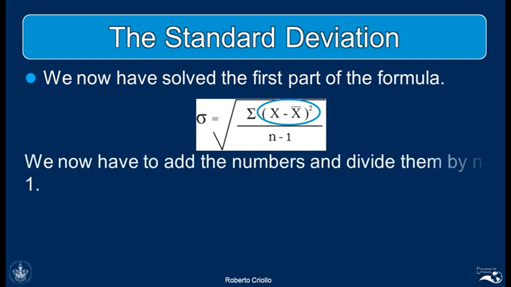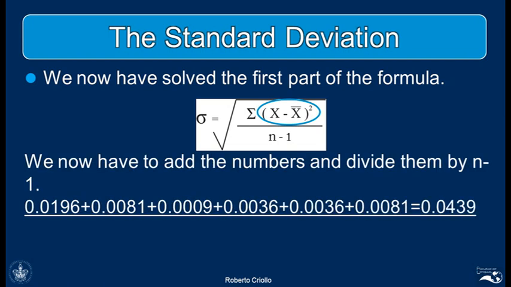So we have to add all of those little numbers that we obtained in the previous part and then divide them by n minus 1. We have here all of the little numbers, and the result is 0.0439. So this number represents the addition of x minus the mean squared.